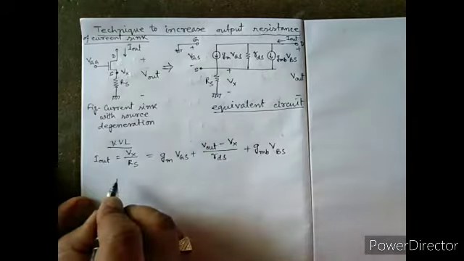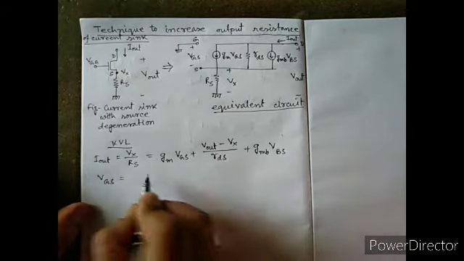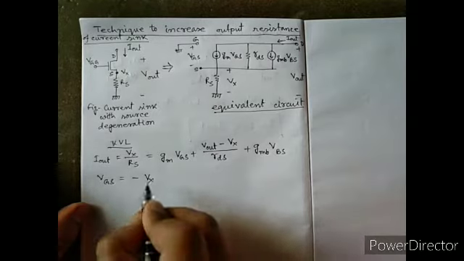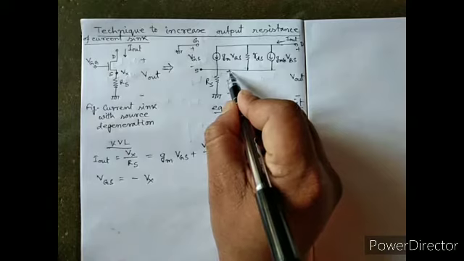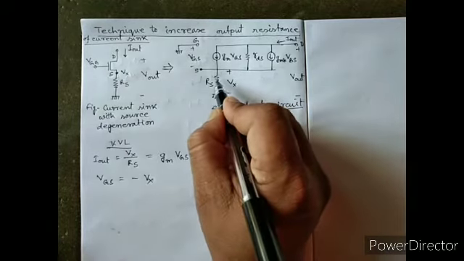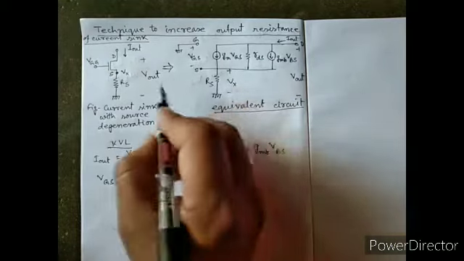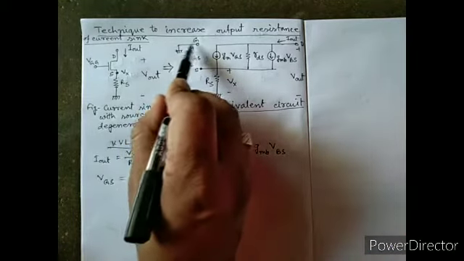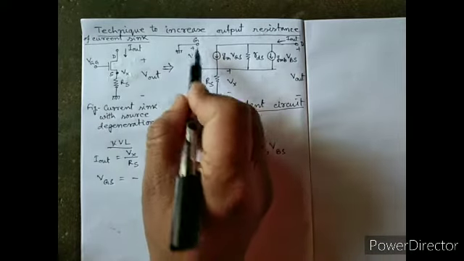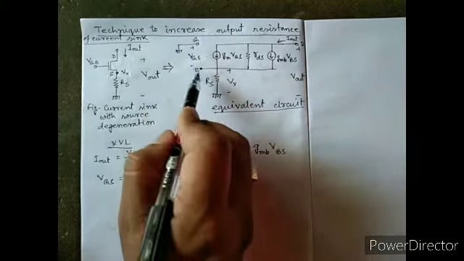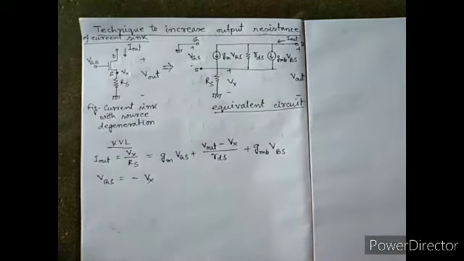Here we can write VGS equals minus Vx, because Vx drops with this terminal positive and this negative. The terminal is grounded, so VGS, the potential drop between gate and source, is of opposite polarity to Vx.